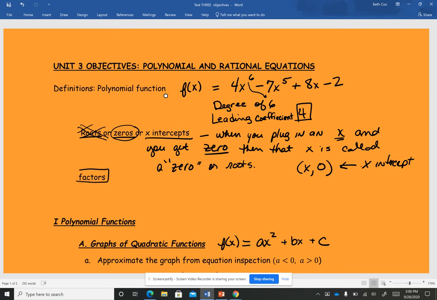Okay, now factors. Now you remember factoring from the quadratic, all right? And so polynomials can all be factored. Well, not really, but yes, really. But you can't factor them all by just using regular factoring stuff. It's not an easy thing to do, but they can be factored, and sometimes we write them in factored form.